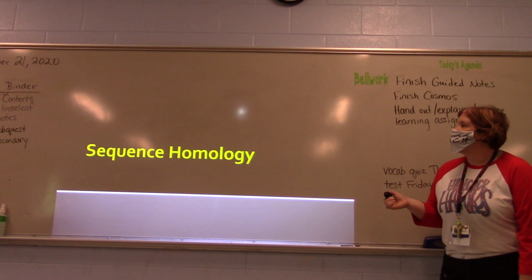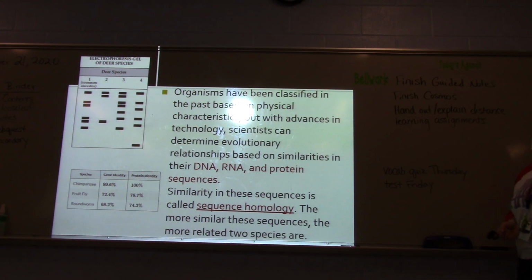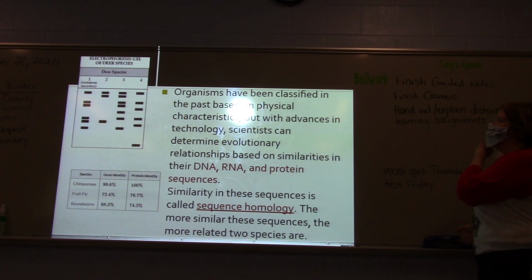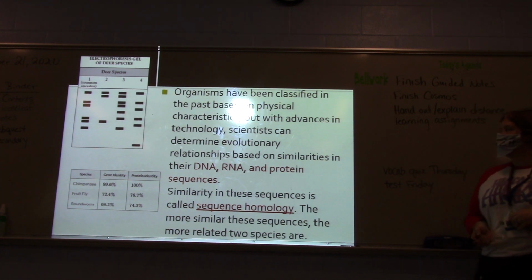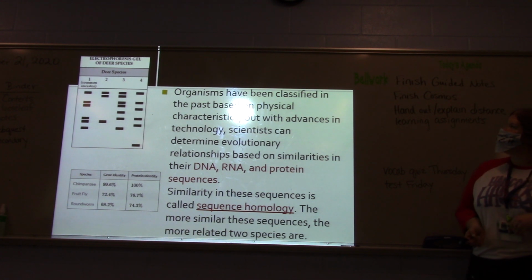All right, and then the last thing is called sequence homology. Okay, so looking at fossils and looking at migration patterns and stuff, that's nice. But we have technology now where we don't actually need that stuff anymore. We can look at DNA to determine relationships, also RNA, and also protein sequences.